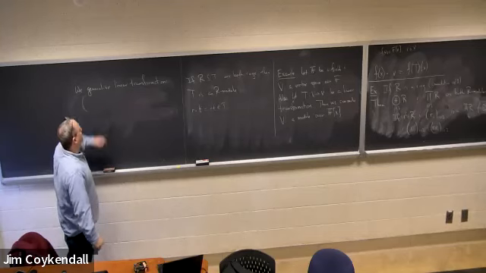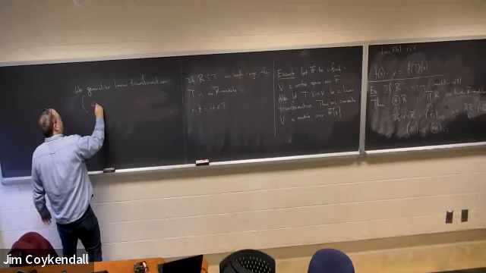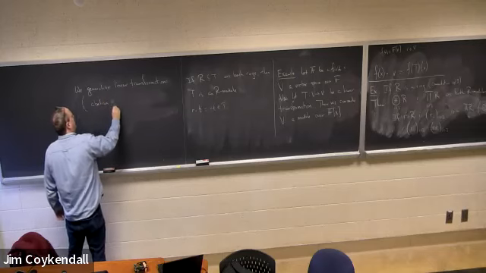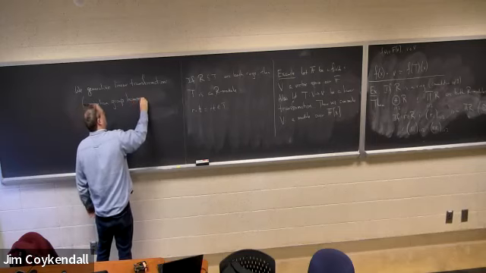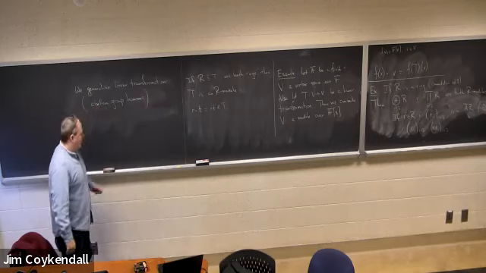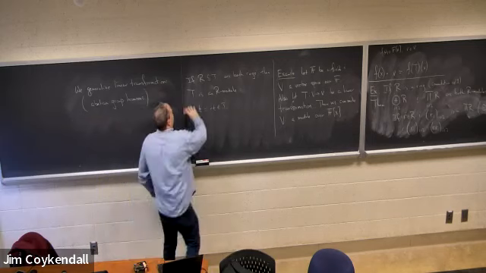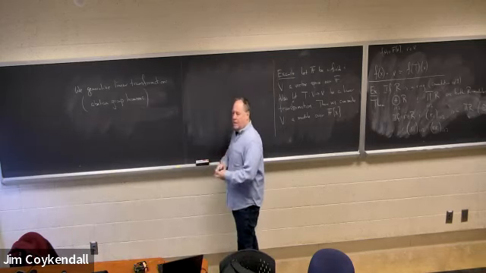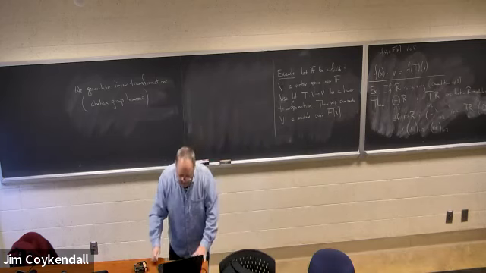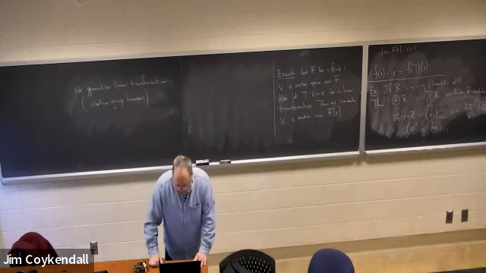Let me point out that this also generalizes abelian group homomorphisms. Again, modules are generalizations of vector spaces, and they're generalizations of abelian groups. And so this generalizes both of these.